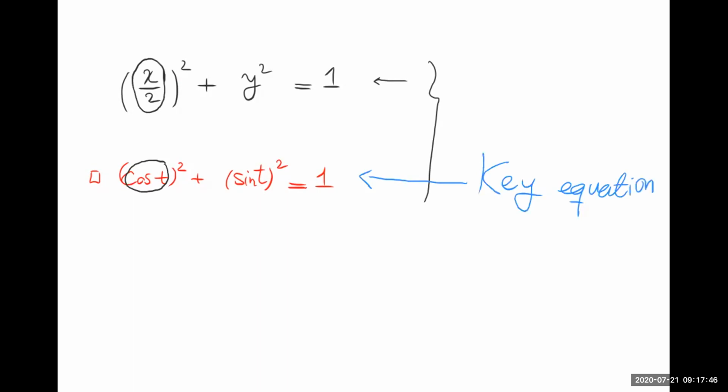Okay, so here (x over 2) squared plus y squared equals 1. If this is to be true, one way is that x over 2 would be equal to cosine of t, and y would be equal to sine of t.